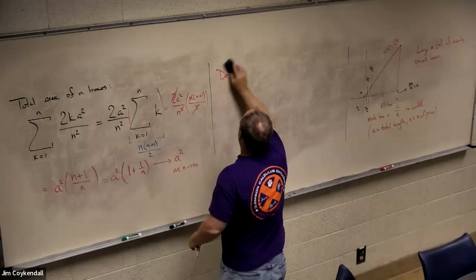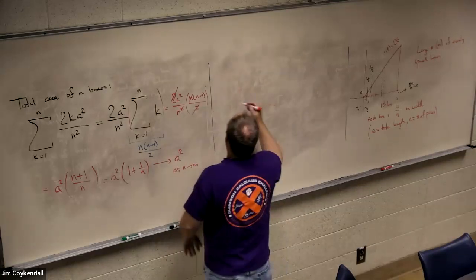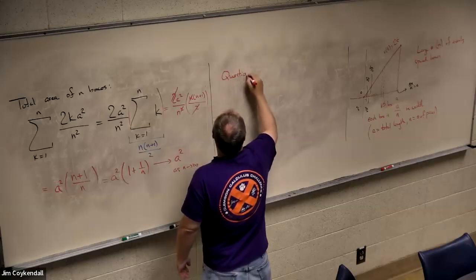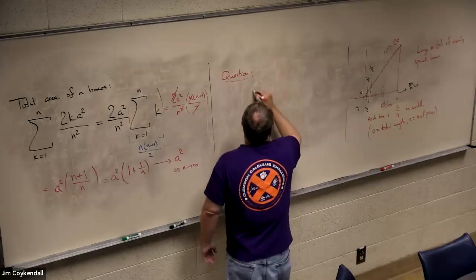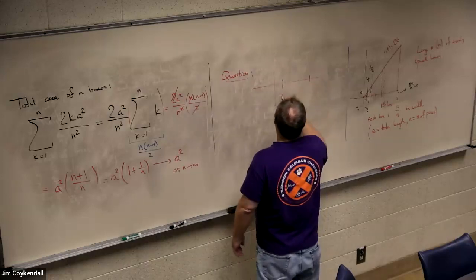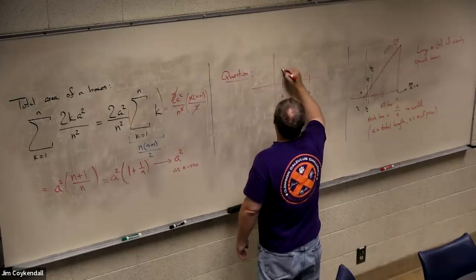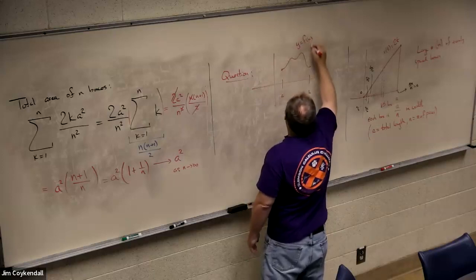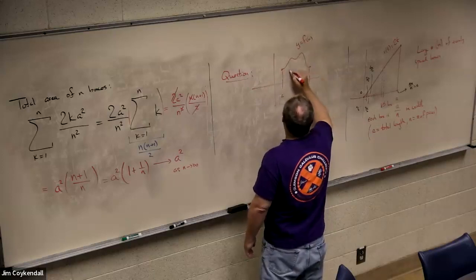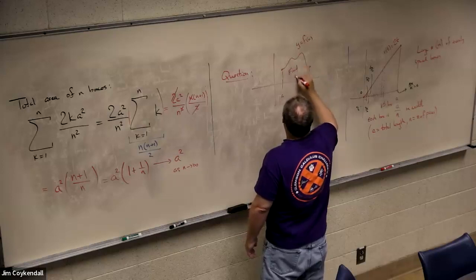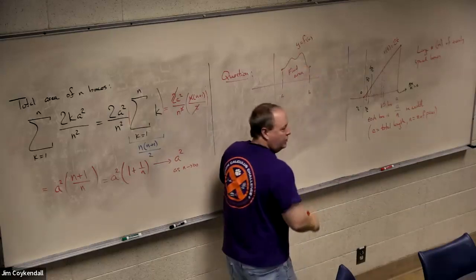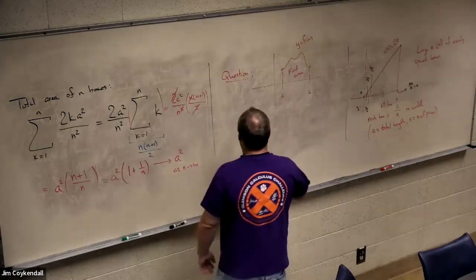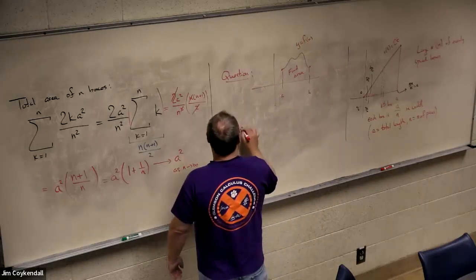Well, actually, before I do this, our question was, if we go from a to b, find the area. That's a motivating question, but we want something much more general than that. The idea is this.